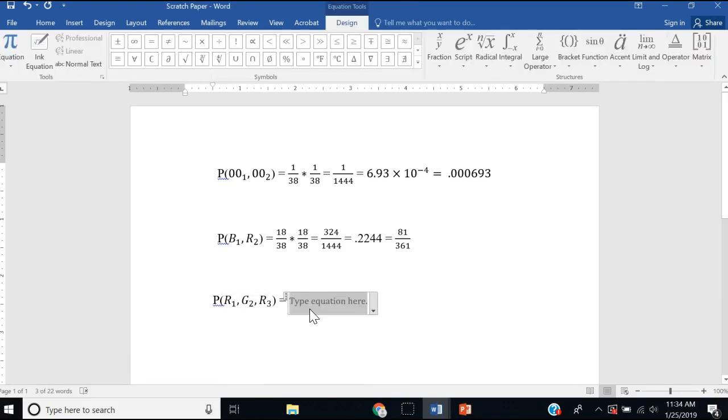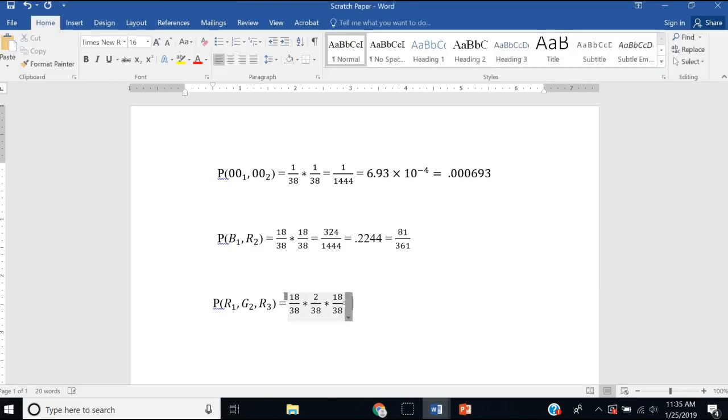All I would do is say, well, red is 18 over 38 times green, there are 2 slots, so 2 out of 38, times another red, well, another red is still another 18 out of 38, and we multiply all those together.